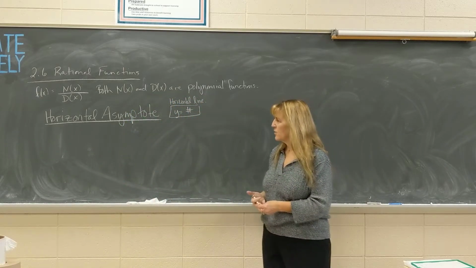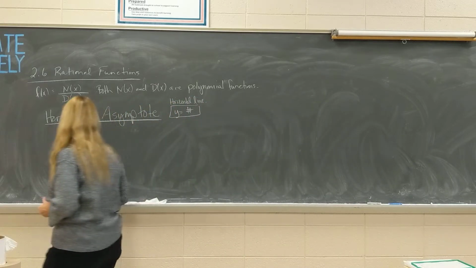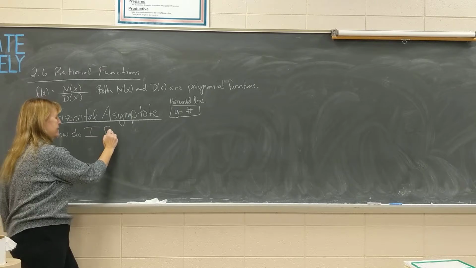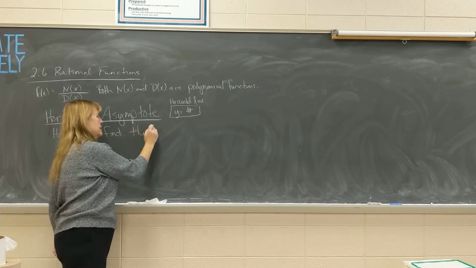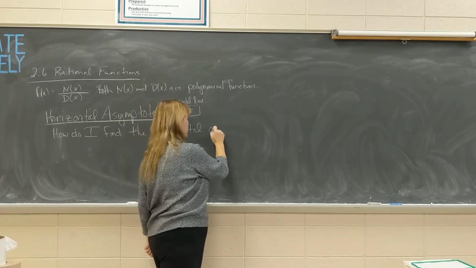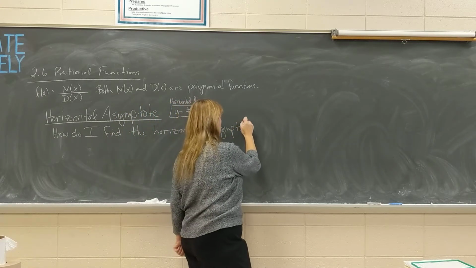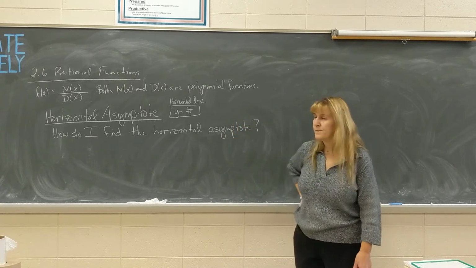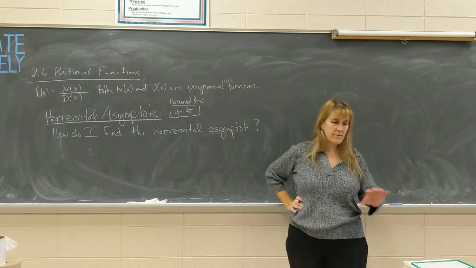Alright. So, how do I find my horizontal asymptote? Anybody have a clue? Think about everything we've done so far.